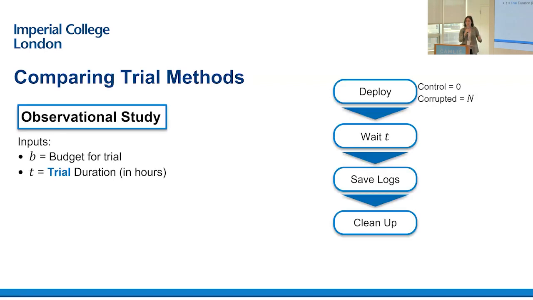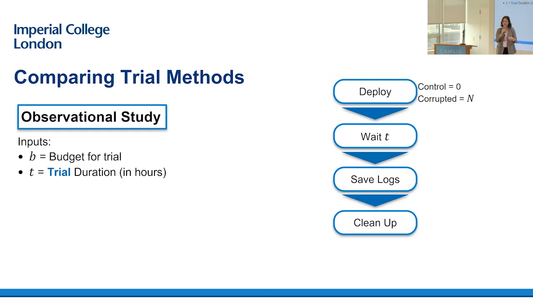So to compare and contrast, so hopefully you can follow along, it's a little clearer in the paper. We take the original observational study, which would look something like this. So we have our budget, we have some trial duration, we deploy some number of only corrupted versions of the honeypot, or interesting observations that we're trying to look at anywhere else in cybersecurity, right?